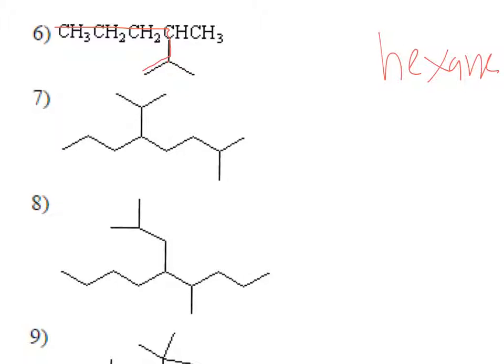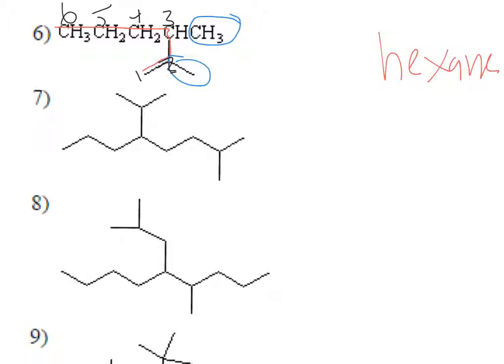Excellent. So what have we not taken into account with this molecule? We have this group hanging off by itself, and we have this group hanging off by itself. So they're both single carbon chains, making them methyls. So we need to find out where they are. So we need to number our carbons. I'm going to go 1, 2, this is the second carbon, 3, 4, 5, 6.